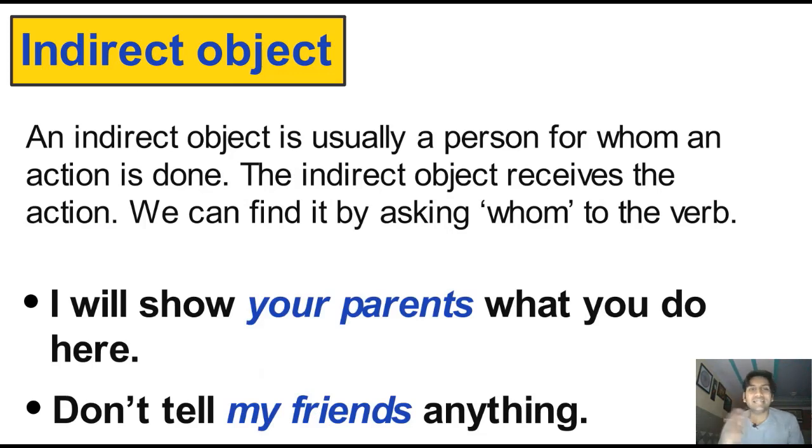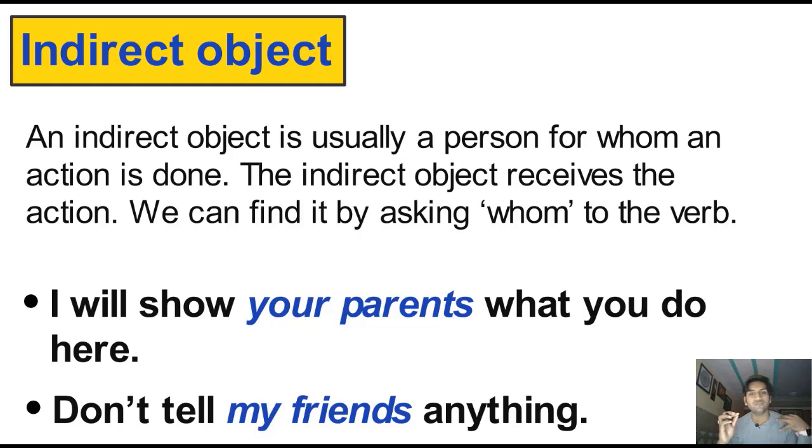Now, what is an indirect object? An indirect object is a person that receives the direct object. It's always a person or a thing that is personified. All right. It's 99.9% of the time a person. So it's usually a person that receives the direct object, right?